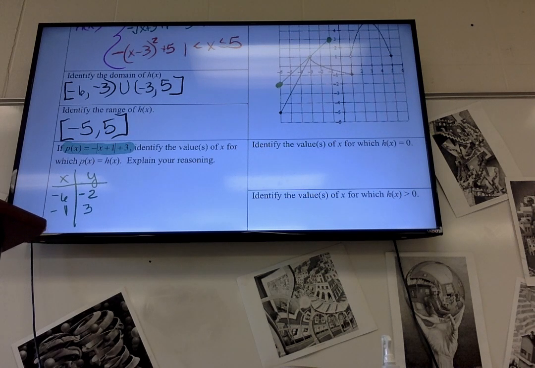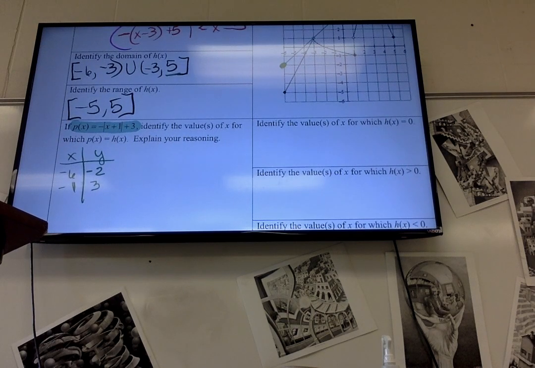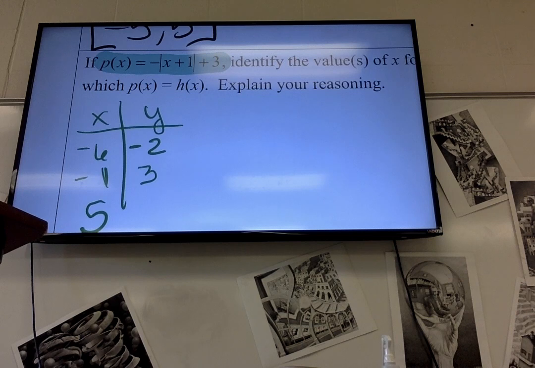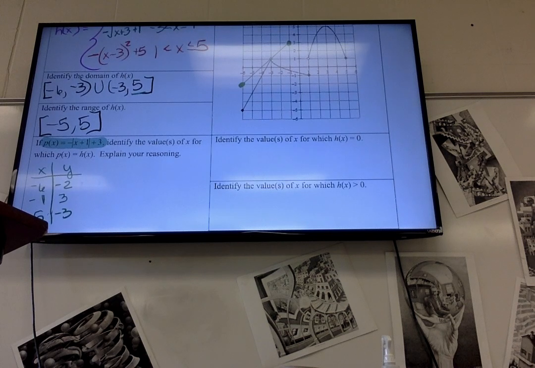So let's do the other side. How about I plug in 5, since that's at the end here. I'm plugging in 5 into the green equation. 5 plus 1 is 6. Absolute value of that is 6, but then there's a negative in front of it. So -6 plus 3 would be -3. So 5, -3.